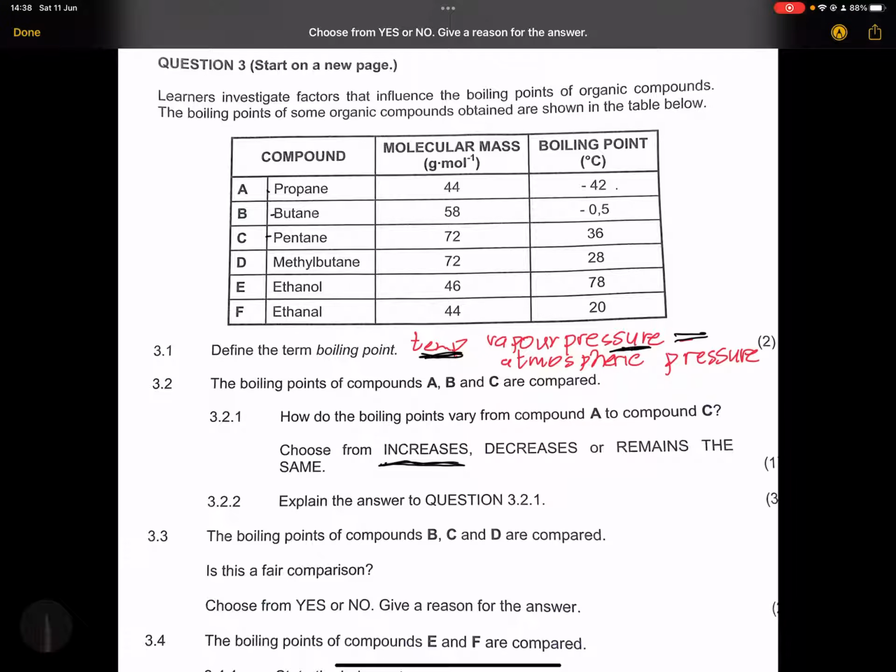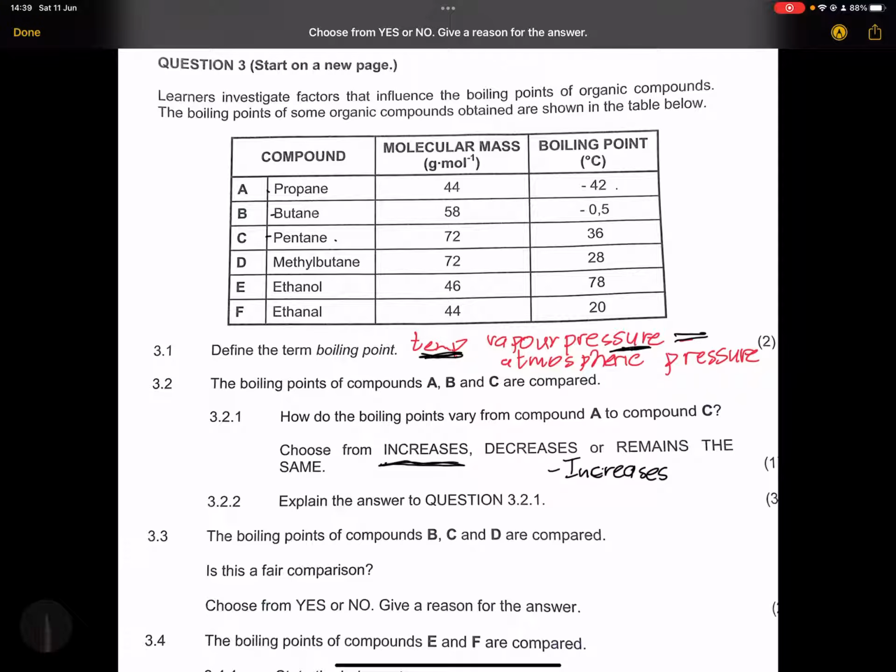So more energy is required in order to separate the molecules of C as they increase in chain length, and as a result, the boiling point increases. I know that sounded like a lot of gibberish, but please, let's do it systematically. First of all, we will mention that an increase in chain length will increase intermolecular forces, or in this case, you can say London forces increase with an increase in chain length.